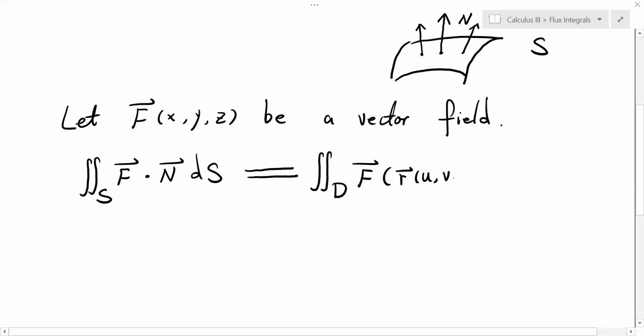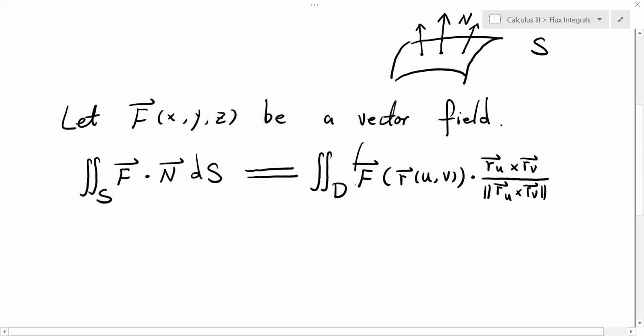Namely, we're going to plug the parametrization into the variables of this vector field. And we're going to write up the more explicit expression of capital N, which was given by R sub u cross R sub v divided by its magnitude.